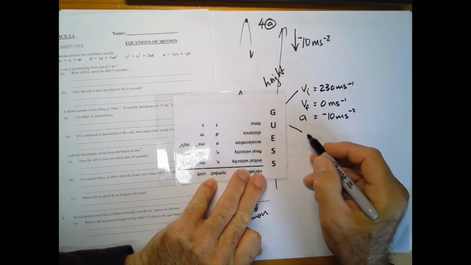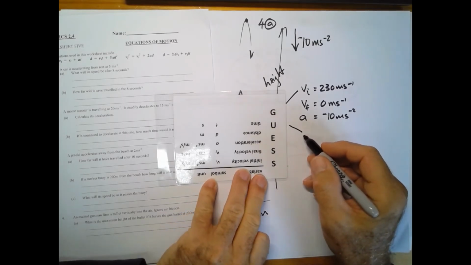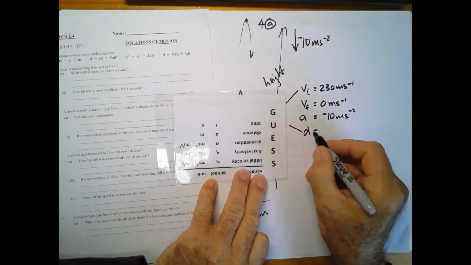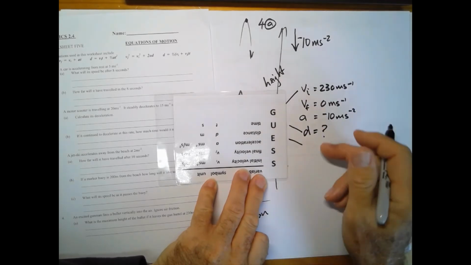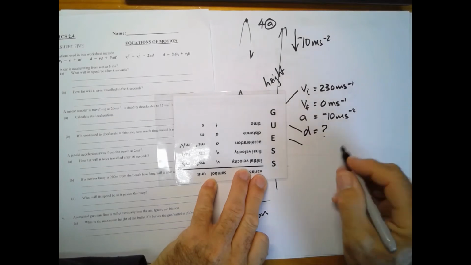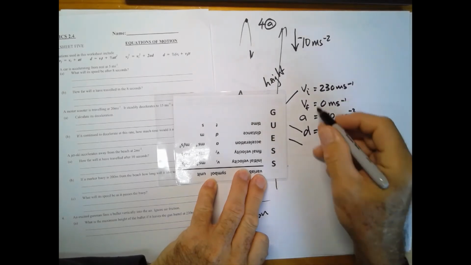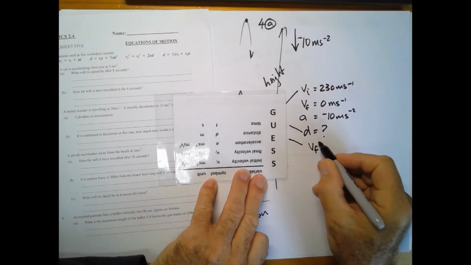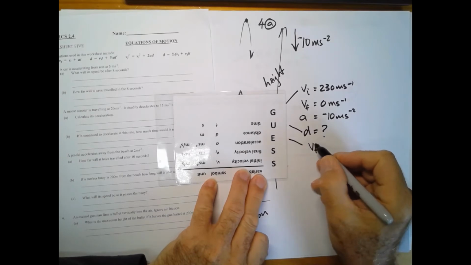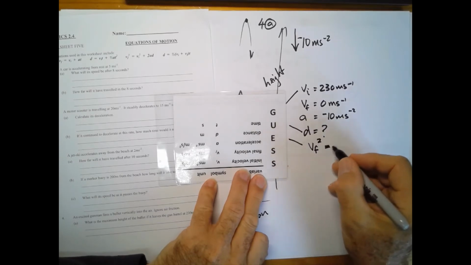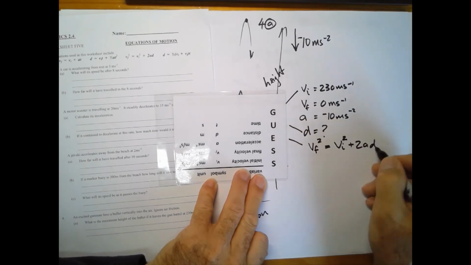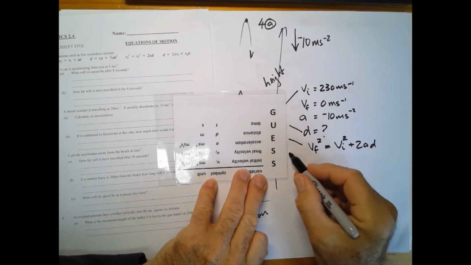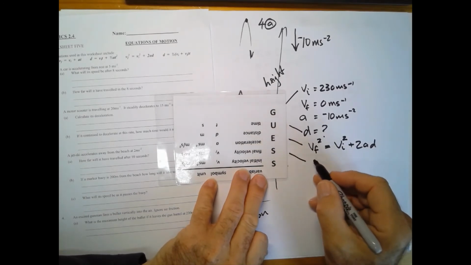What's our unknown? We're asked to find the maximum height. So what's an equation which ties those four things together? V final squared is equal to V initial squared plus 2ad. Let's substitute into our equation.